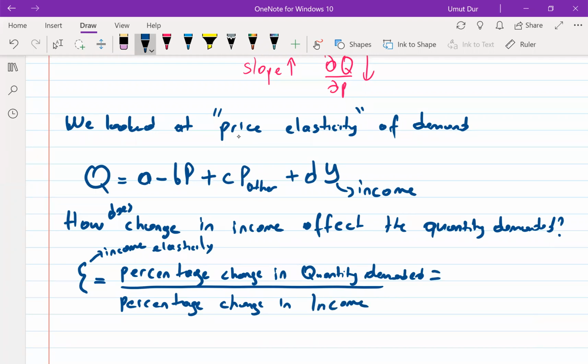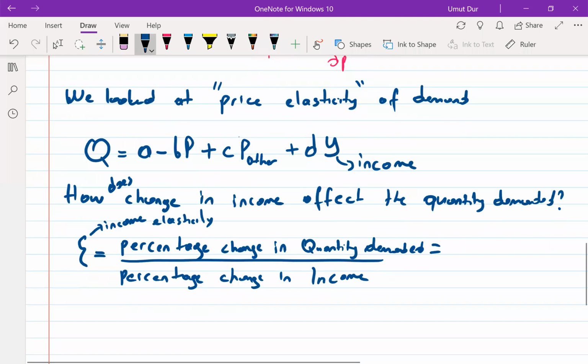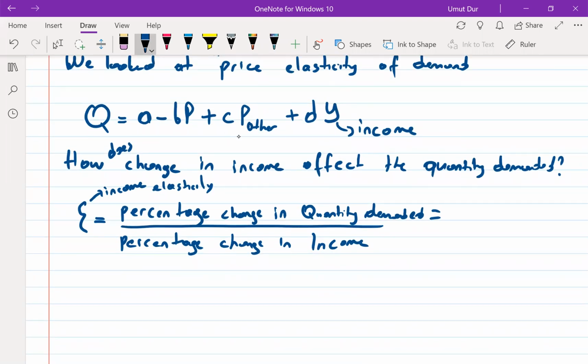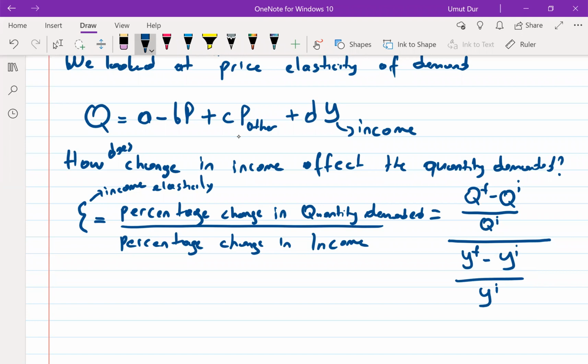Written mathematically, the percentage change in quantity demanded is QF minus Q initial divided by Q initial, and the percentage change in income is income final minus income initial divided by income initial.